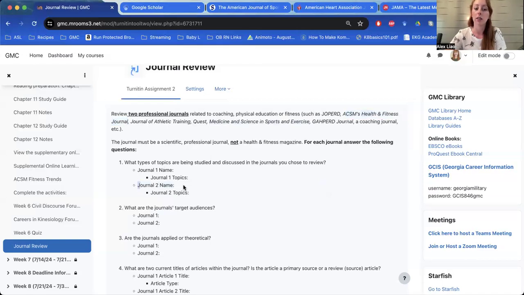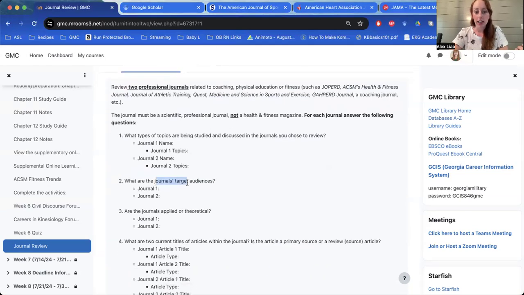You can pull from a second journal and then go over their topics. So are the topics health and fitness? Are they cardiac related? Are they neuromuscular disorders? Are they overall fitness towards young adults? Are the topics on applied science, theoretical science? What are the topics that they like to cover within their journals?